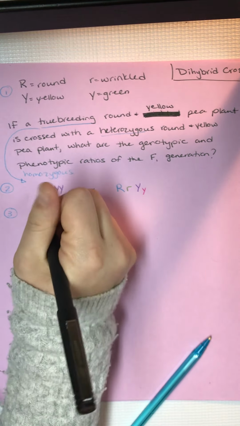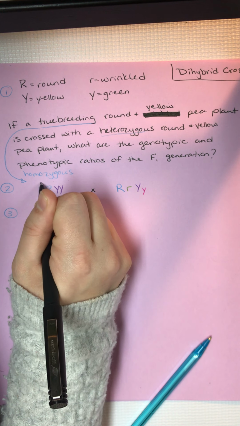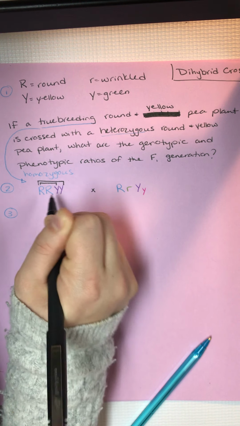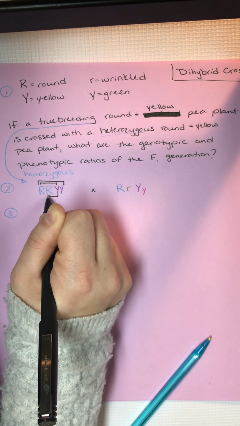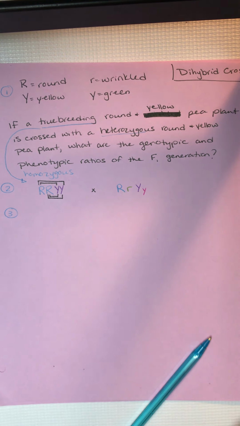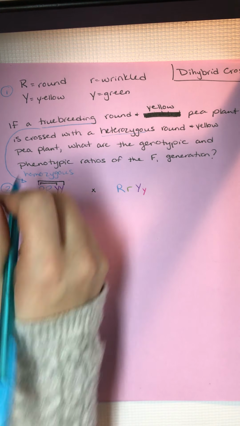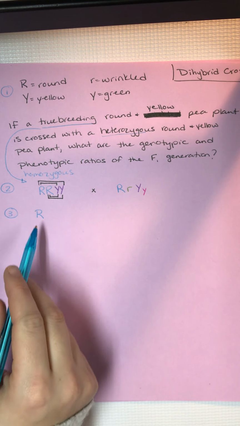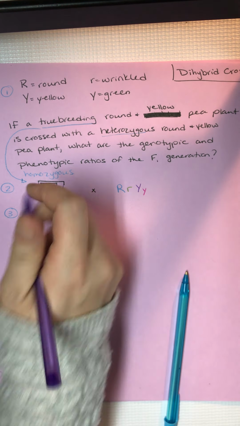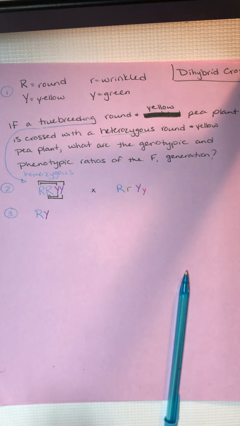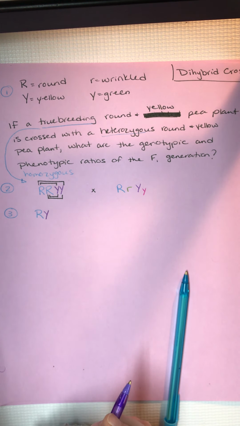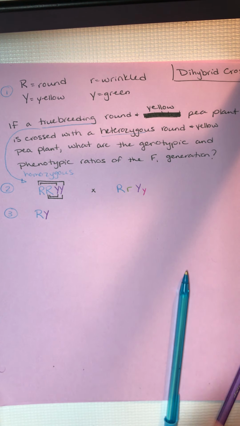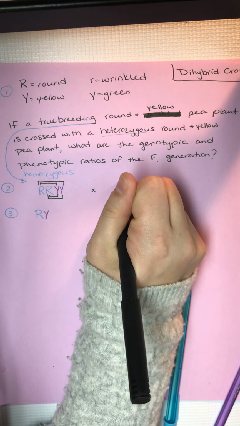Okay, so if you look here, if we're going to do all the different combinations possible, you should hopefully see that the only possible gamete we can produce with this first parent will have a dominant or a big R and a dominant color, so a big Y. That's the only possible option. Right? We could produce 4 of those. But for our second parent here, we have more options.